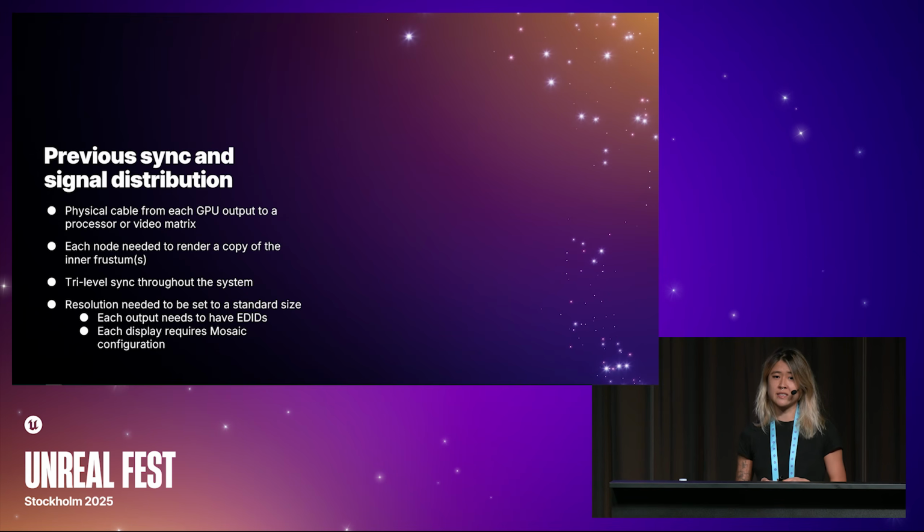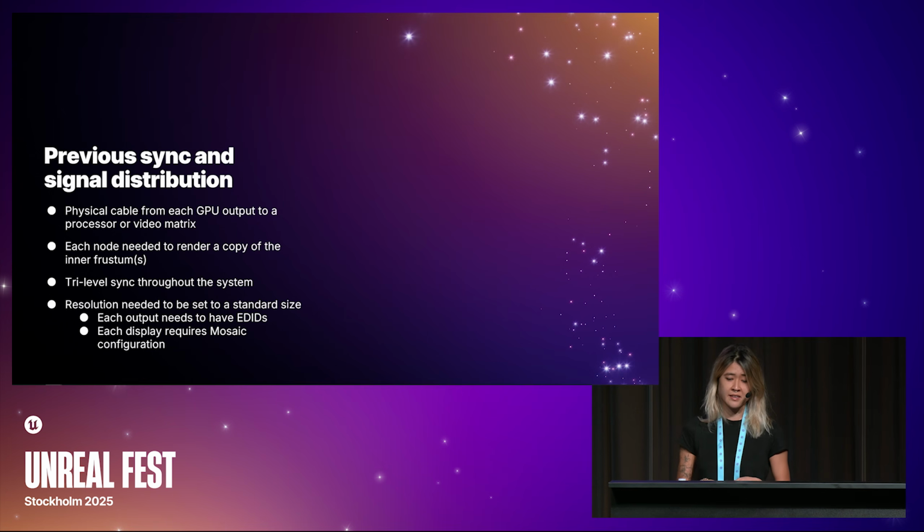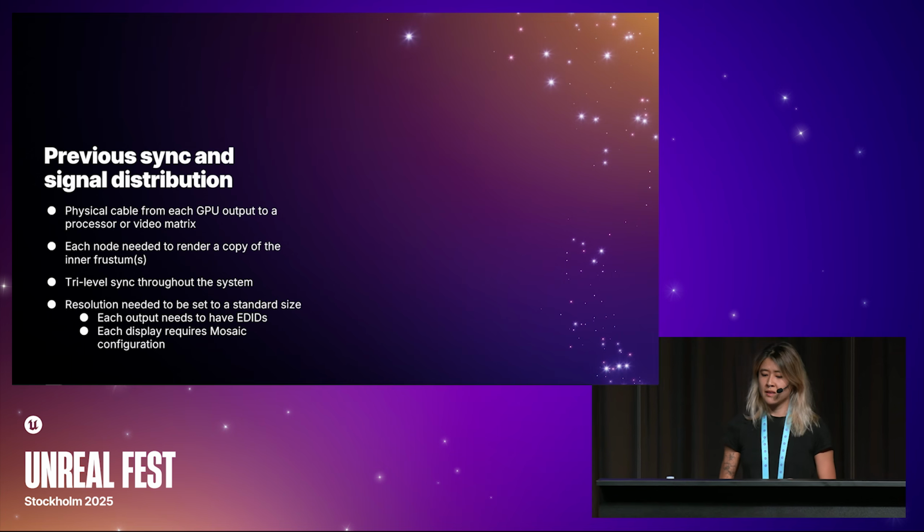And then you also needed tri-level sync throughout your system. So you needed your Genlock signal coming into a sync card on each machine that's then daisy chained and everything. If you're doing a full SMPTE setup, then PTP would handle that, and that's sent over multicast as well.